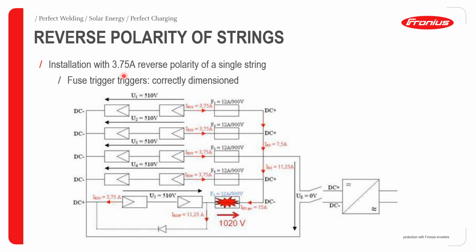So the installation of a 3.75 amps reverse polarity of a single string, when correctly dimensioned, we can see that we have a fault current of 15 amps in this case. Since it is higher than the string fuse specification, the fuse will definitely rupture and thereby protect this particular string from any damage.